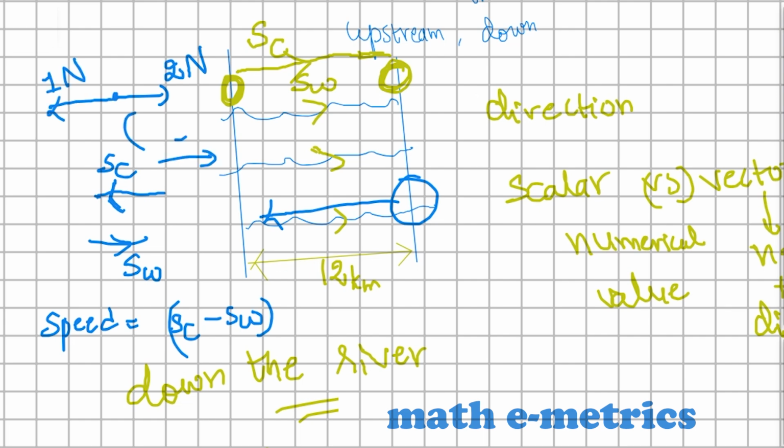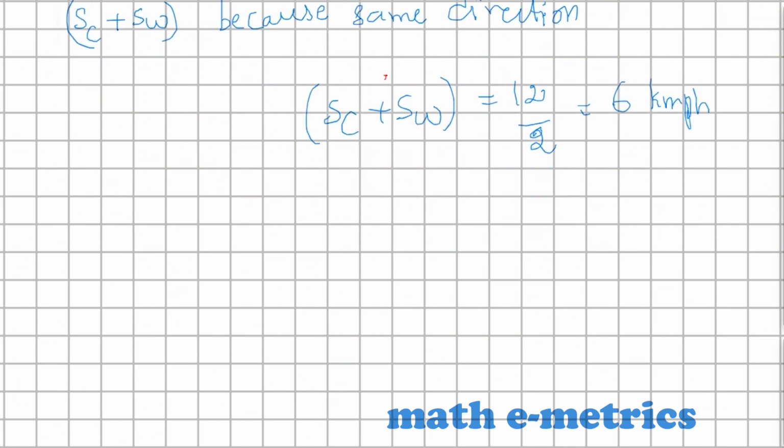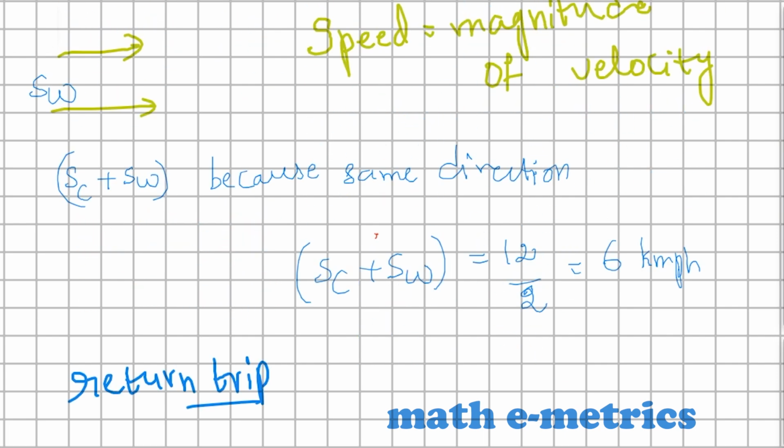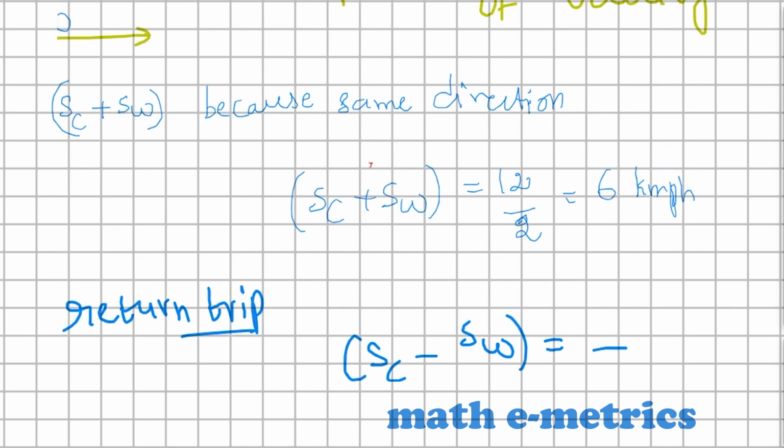So in the return trip, speed is equal to SC minus SW. Speed is equal to distance by time.